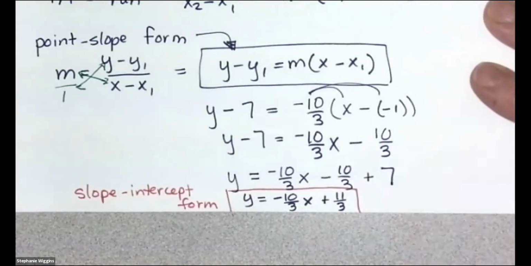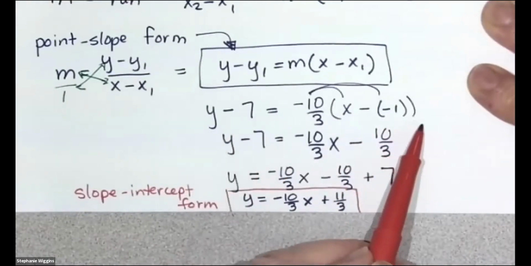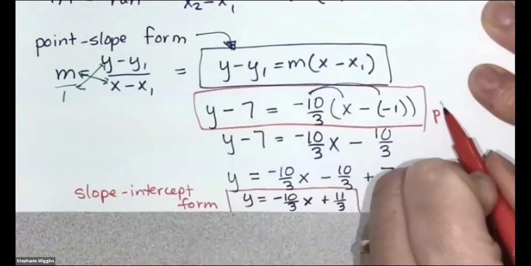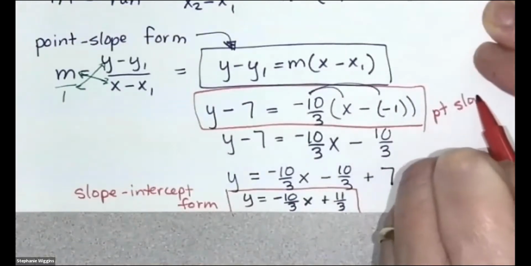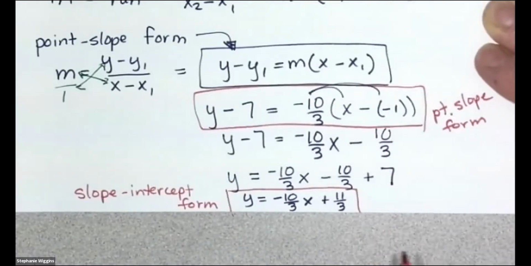So here we have point-slope form, and here we have slope-intercept form. The way you go from here to here is you just isolate the y. That's how you do that.